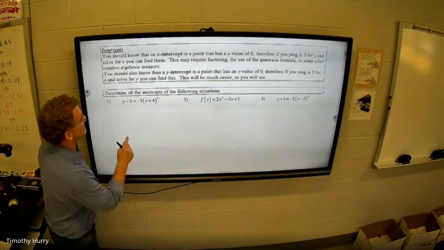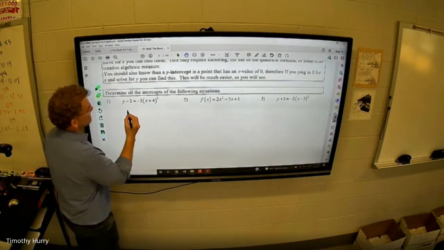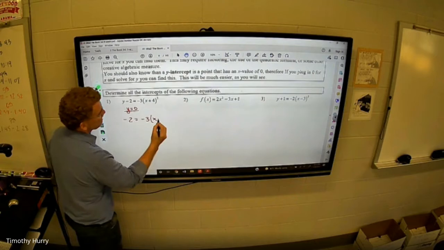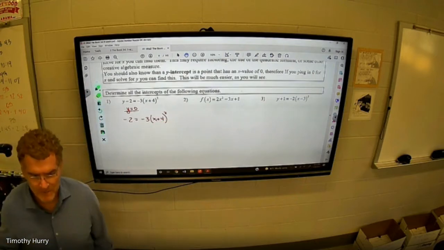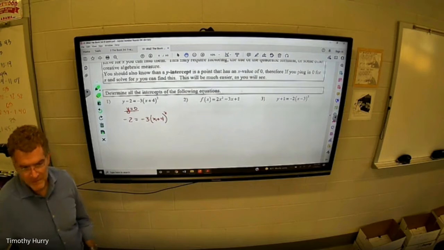Now, look at the math on this real quickly. If I plug the 0 in for y, so I'm going to say when y is 0, if I do that, I get this. What will you do to solve for x here? You got a couple options. I say isolate the x.